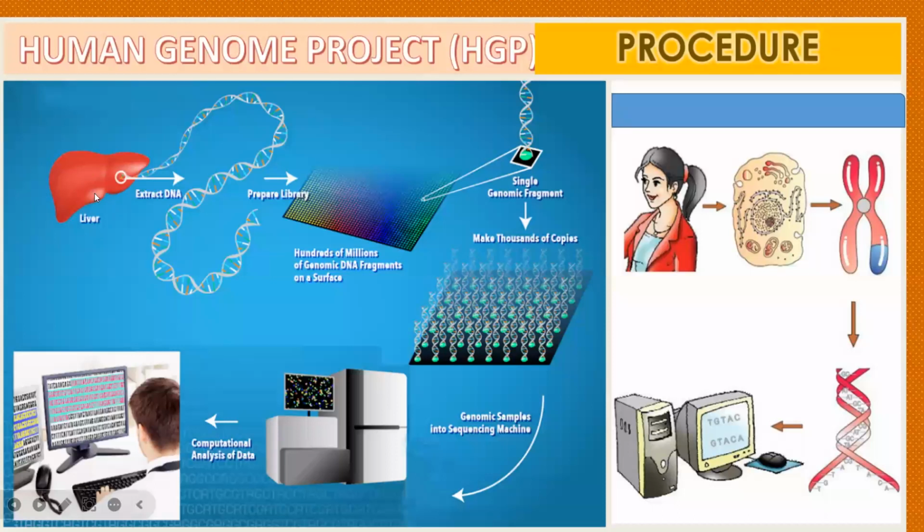Take the organ or tissue, from that extract DNA. Okay. Then cut the DNA into fragments. Then take a single fragment, make many copies, and then put it under the computer and do studies. Everything is computerized.